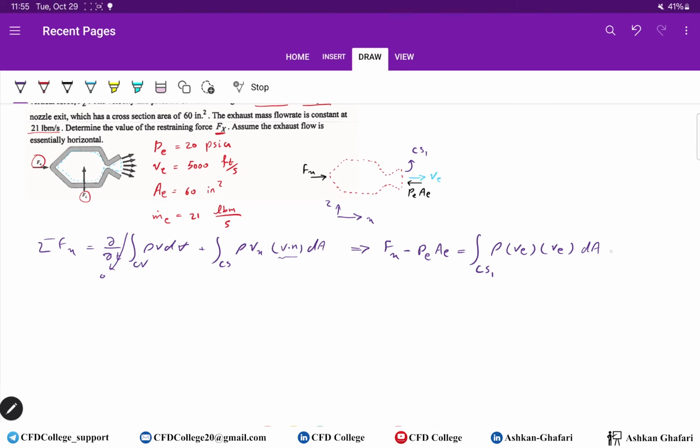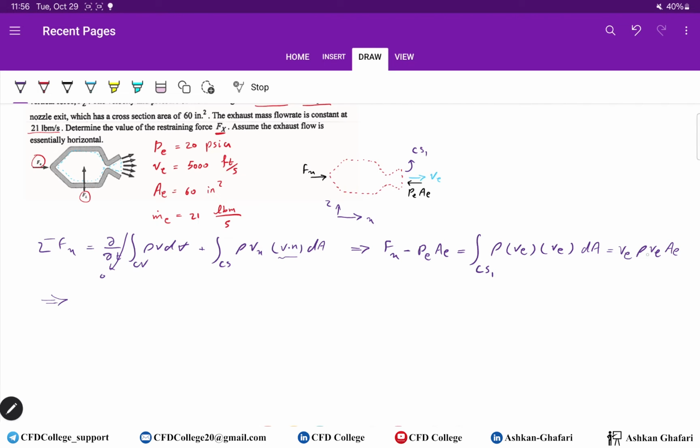So it's easy. All of the variables are constant, so it equals VE rho VE AE.